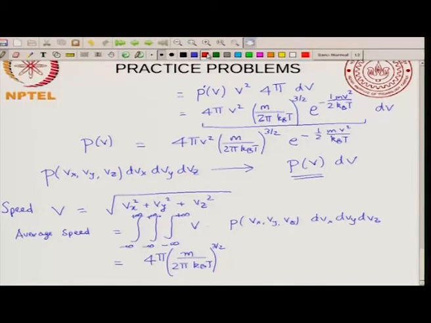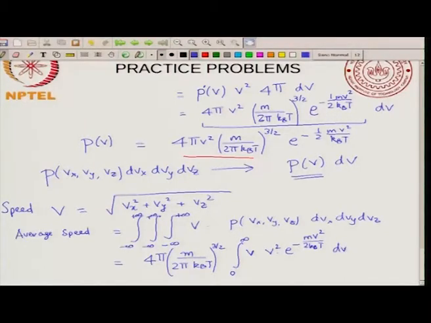So, I am just taking this expression and bringing this here. Okay. I took all this outside the integral, and then I have a single integral from 0 to infinity. So, the speed can only be positive. Okay. So, V goes from 0 to infinity, and now I have a V into V square e to the minus m V square by 2 kBT dV.